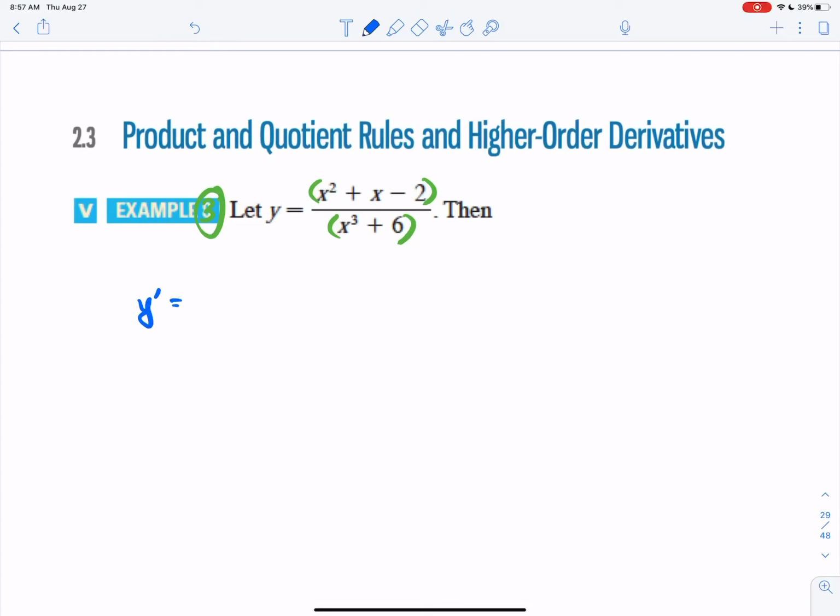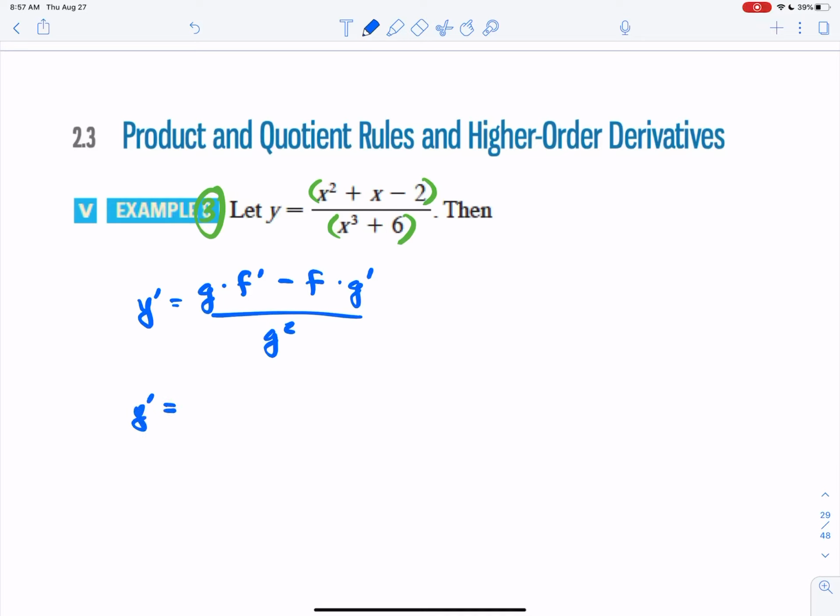I'm going to write it out first so that we get the hang of it. Say with me here: you start from the bottom times derivative of the top minus the top times derivative of the bottom, all over bottom squared.